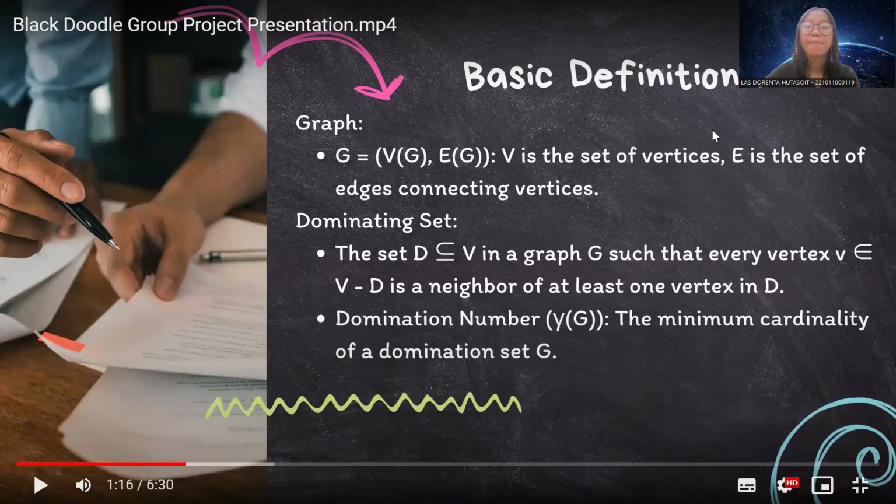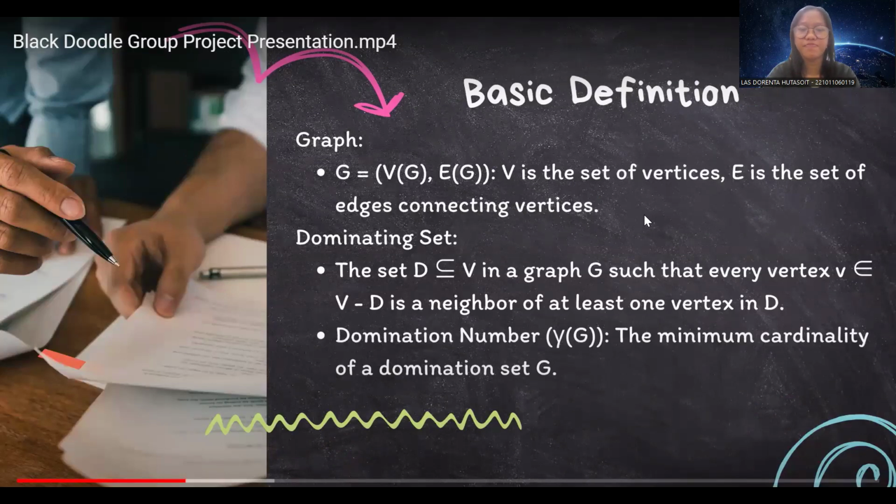Basic definition. One of the concepts studied in graph theory is the dominating set.